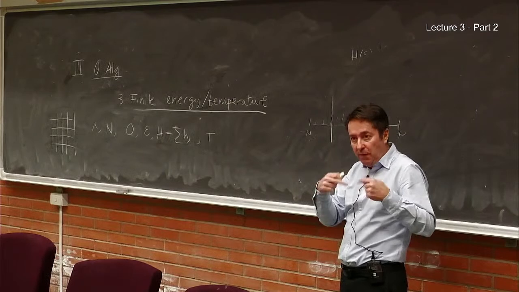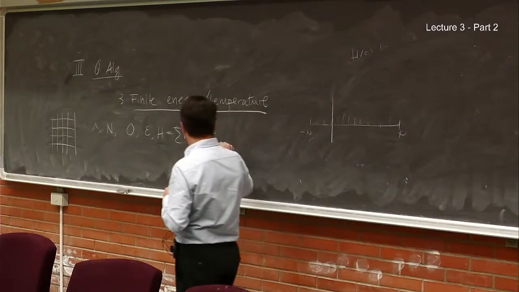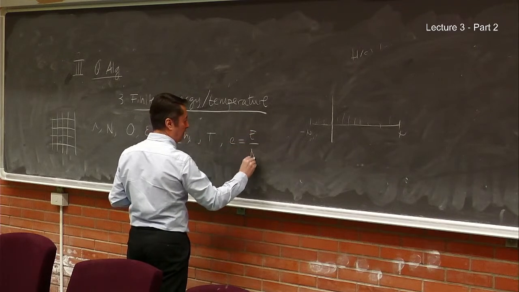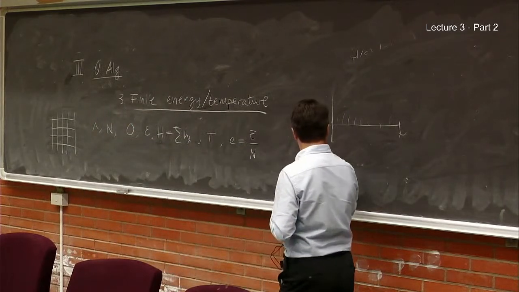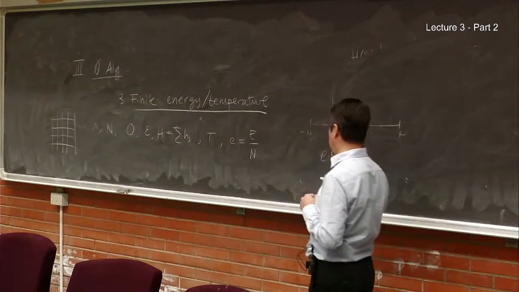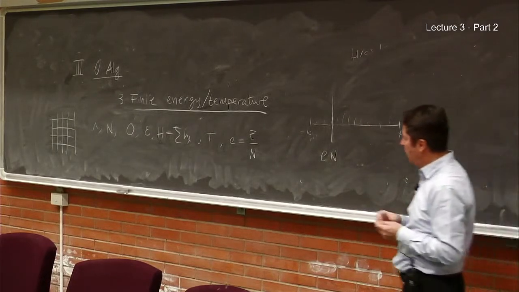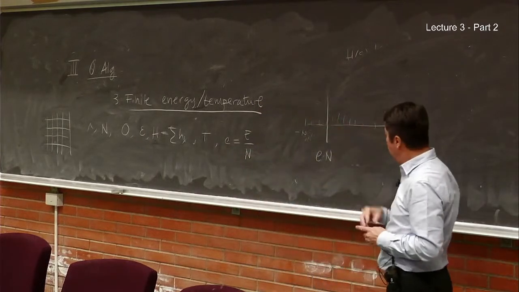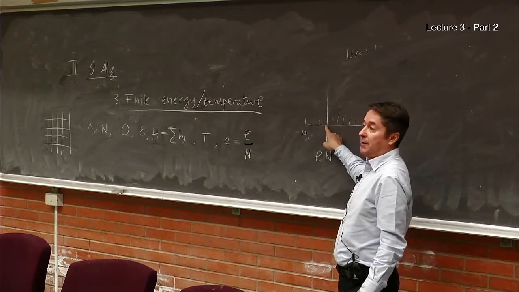So what I'm going to fix is the energy density. So I'm going to define E as some E divided by M, the energy density, in such a way that I fix this E, so this will be E times M, the energy density, and then I can scale everything. So I fix this E, and then I scale my energy, and I would like to have this eigenstate.